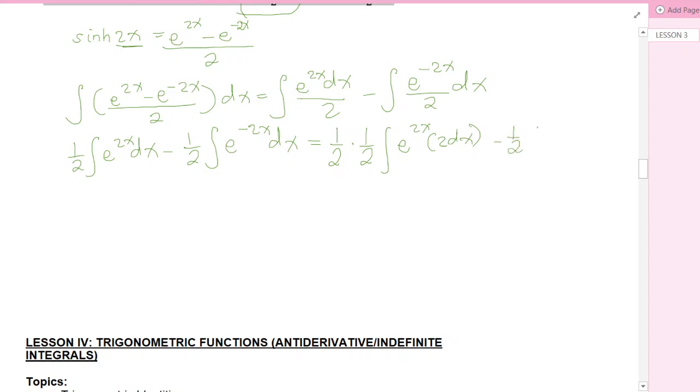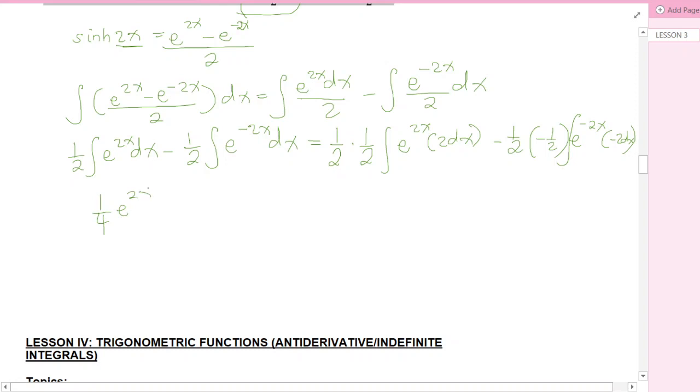Since that is negative 2, that is already negative 1/2 times e raised to negative 2x. Okay, sorry, that should be negative 2 dx. So getting the integral for that, it will give us 1 over 4 e raised to 2x minus, that is already plus, 1 over 4 e raised to negative 2x plus c.